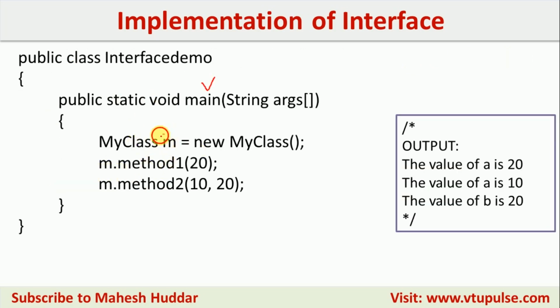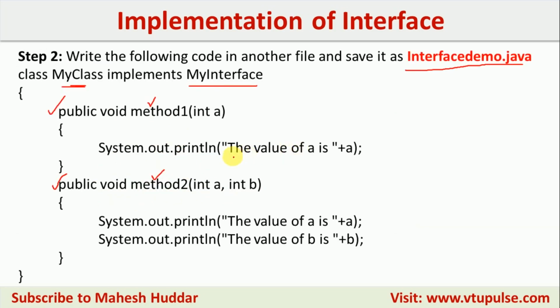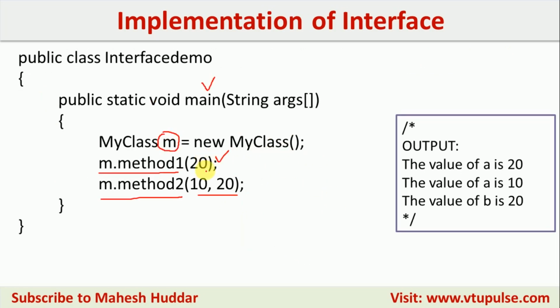I have created an object m, m dot method 1 I am going to pass one parameter, m dot method 2 I am going to pass two parameters here. So m dot method 1 will display the value of a here, m dot method 2 will display the value of a as well as the value of b here. So first time I will get 20, second time I will get 10 and 20 in this case. That is what you can notice over here.